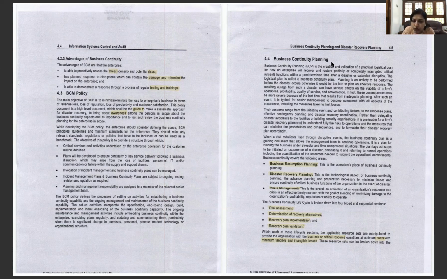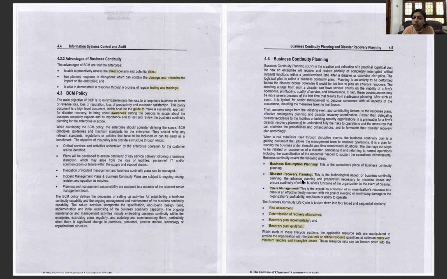Let us look into all of those. Business resumption planning. This is the operations piece of business continuity planning. Okay, this is the operational aspect of business continuity planning. Disaster recovery planning. This is the technical aspect of business continuity planning. So the operational aspect is business resumption planning. The technical aspect is disaster recovery planning.